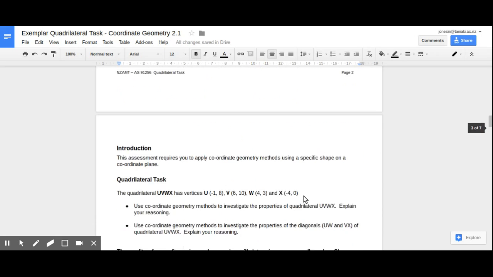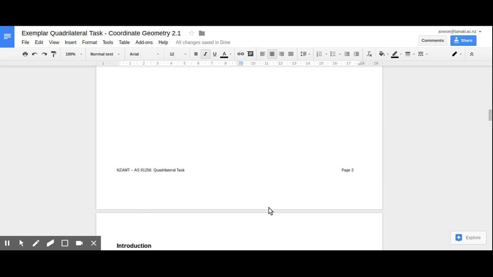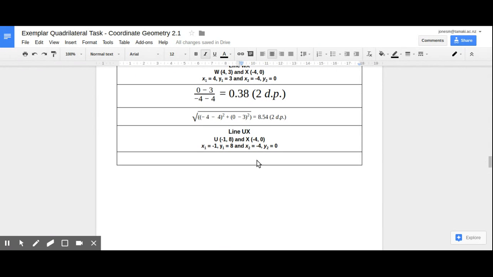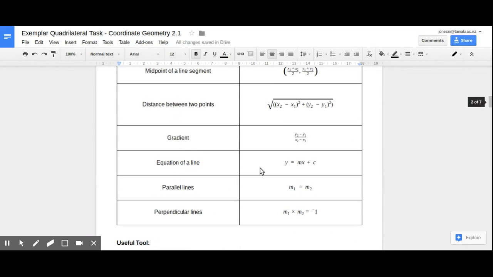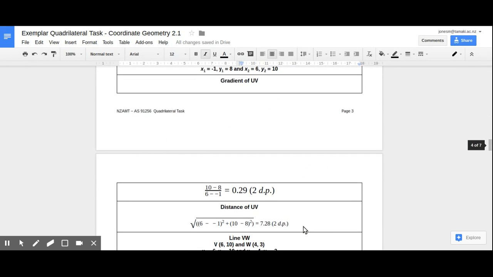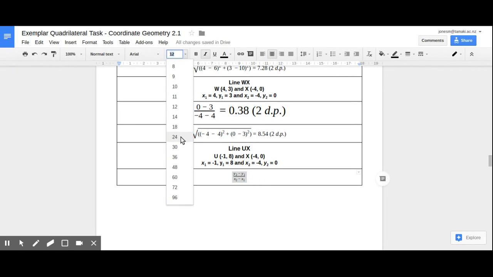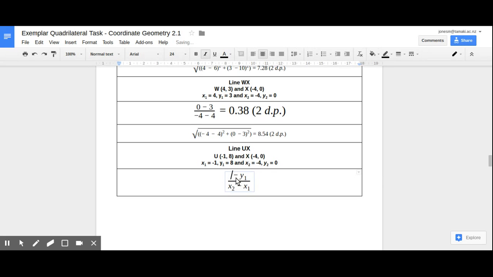First thing we'll do is the midpoint. Not the midpoint, sorry. We're going to look at the gradient here. So looking at the gradient, making it a bit bigger. Our y2 is 0, our y1 is 8, our x2 is negative 4, and our x1 is negative 1.